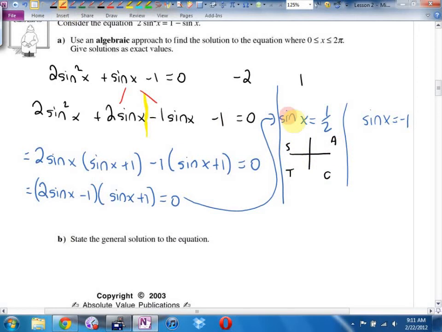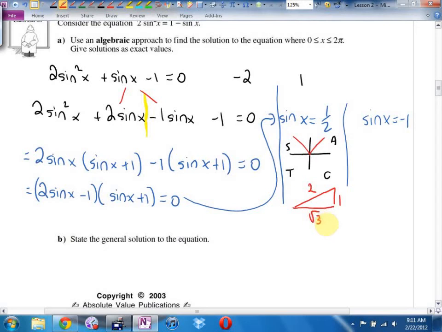Leah, sine positive or negative in this equation? Here and here. The triangle we're talking about is the 1, 2, root 3 triangle.